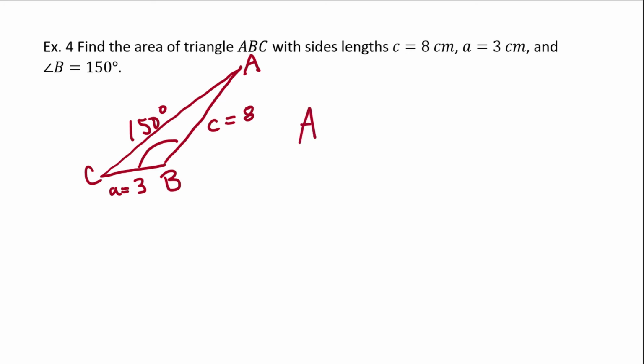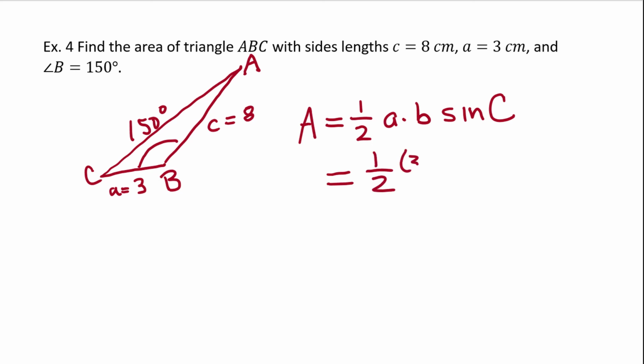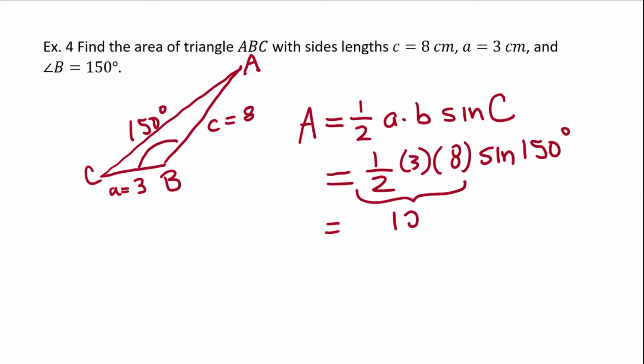And we want to find the area of the triangle, which is 1/2 times the length of the sides a and c, times the sine of the interior obtuse angle this time. So it's going to be 1/2 times 3 times 8 times sine of 150 degrees. 3 times 8 is 24, and half of that is 12.